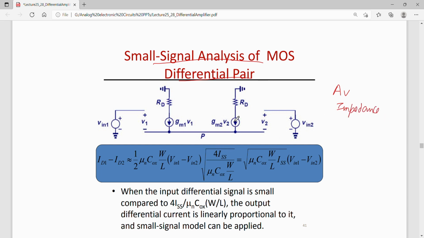Okay. And in fact we had already found earlier through the large signal model the differential currents, ID1 minus ID2, which resulted in this value of the differential large signal currents. Okay. So one can find out the small signal gain and impedance from this circuit.